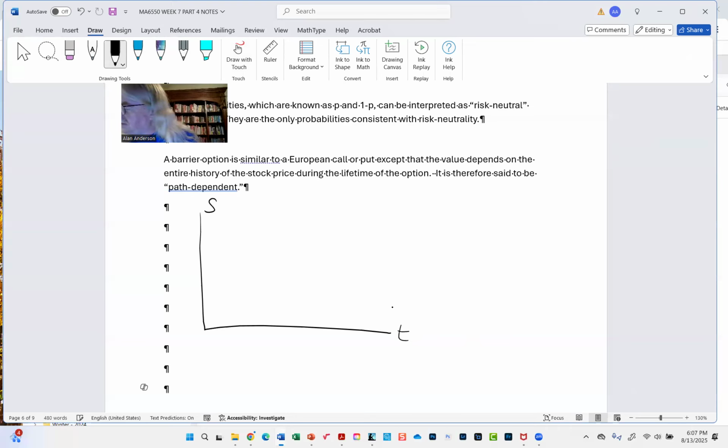Here's time zero, today, and let's say this is the maturity date, which I'll call capital T. S0 is the initial price of the stock, and it floats around. And here it is on the maturity date. Let's just say that the strike price for a European call option is here.